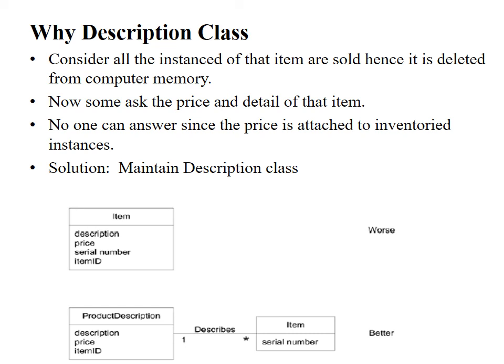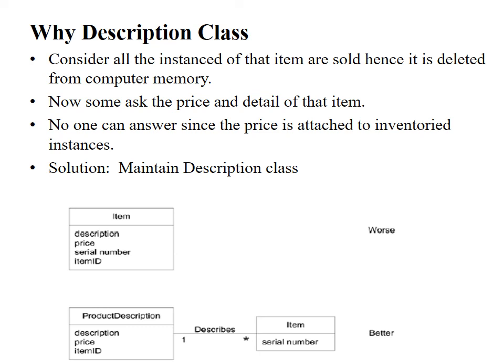It's a special kind of class which stores the description of the items. If you look at the diagram, we have an item. Just maintaining the description in the item class itself was the first way of designing the class diagram. Instead, we are going to keep one more class called product description.